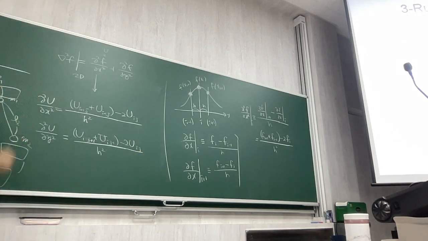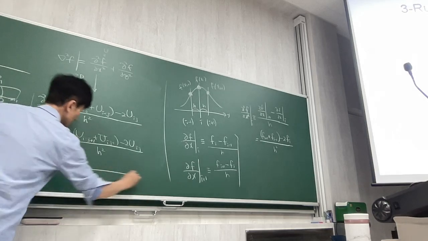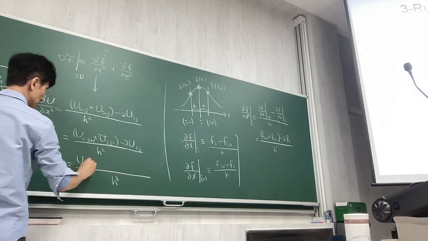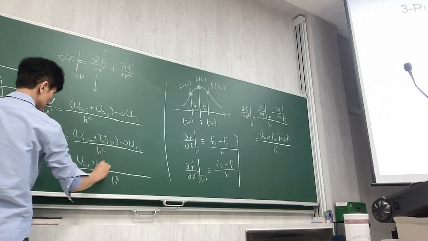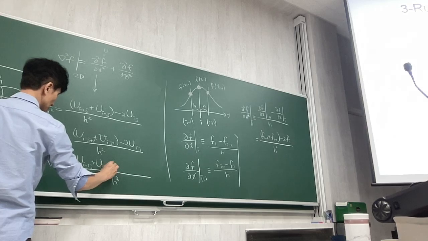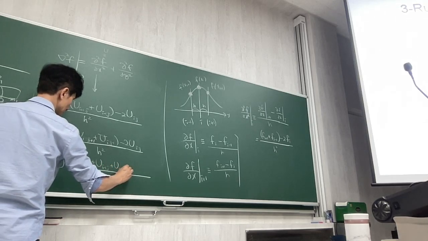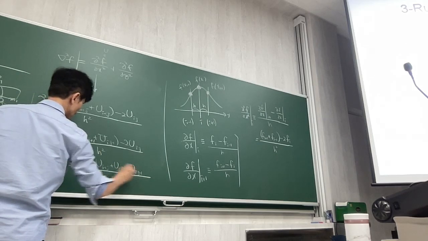So if we add these two, then we obtain del square of u is 1 over h square times u_(i+1)j plus u_(i-1)j plus u_i(j+1) plus u_i(j-1).